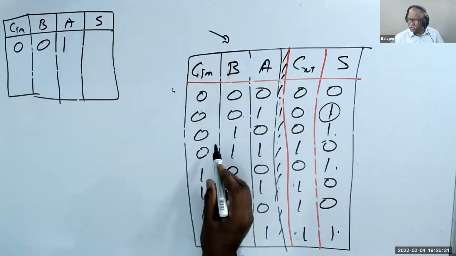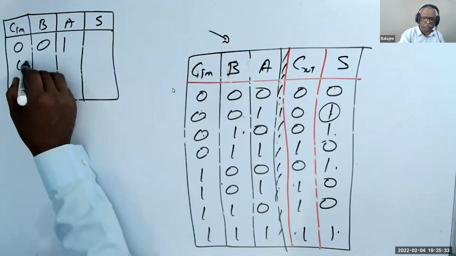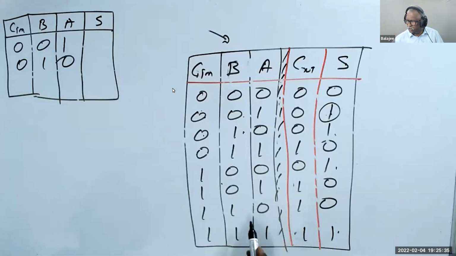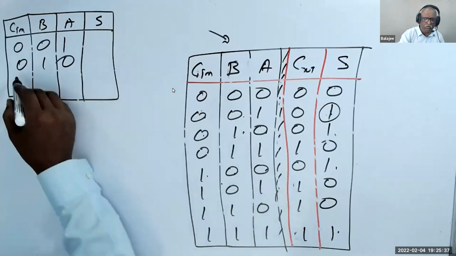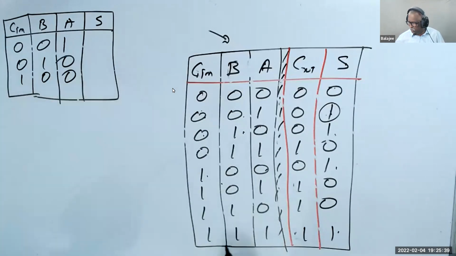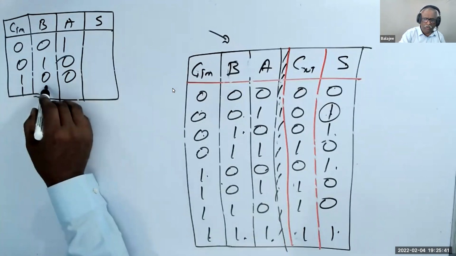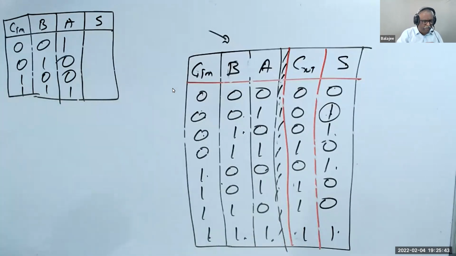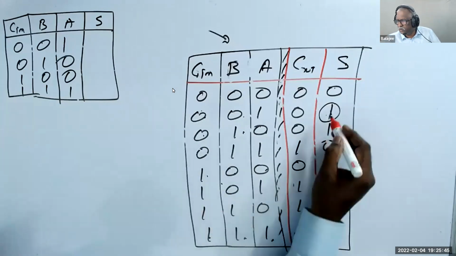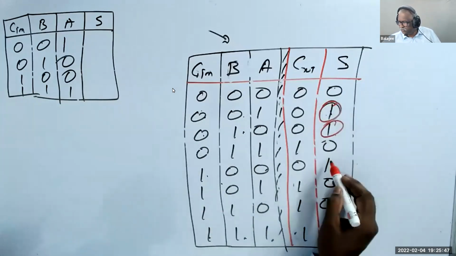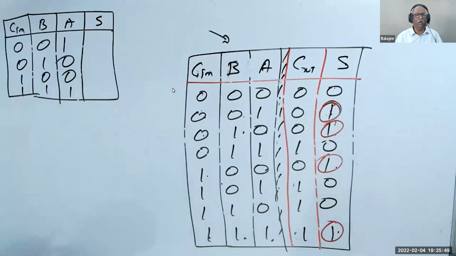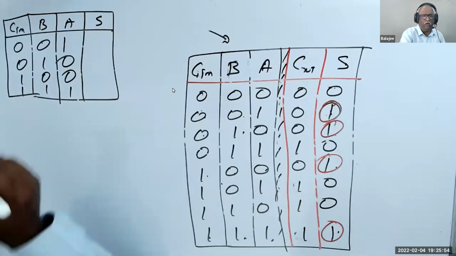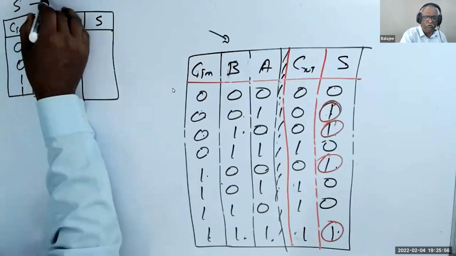Then 0, 1, 0. Then 1, 0, 0. Then 1, 1, 1. All 4, sorry. Now this you can call the sum truth table.